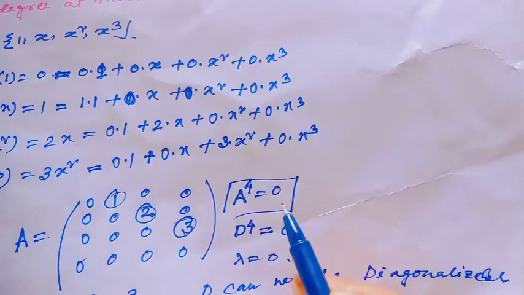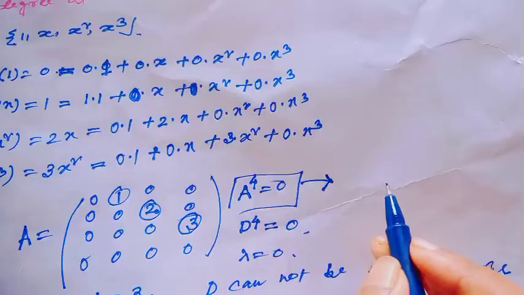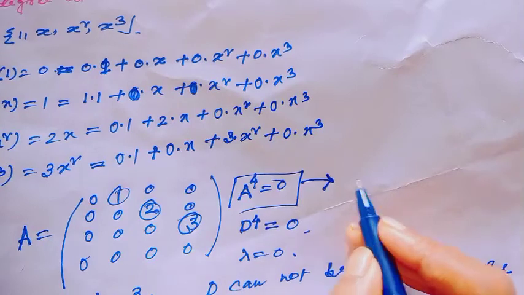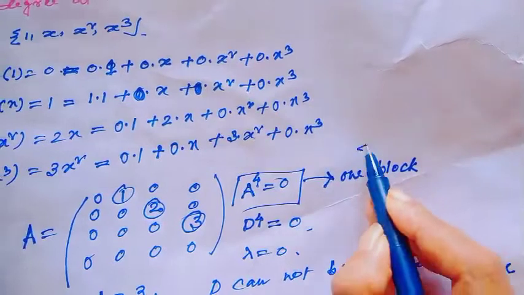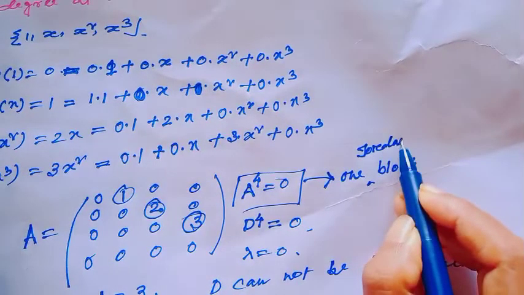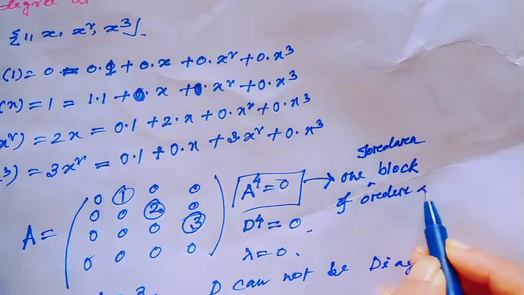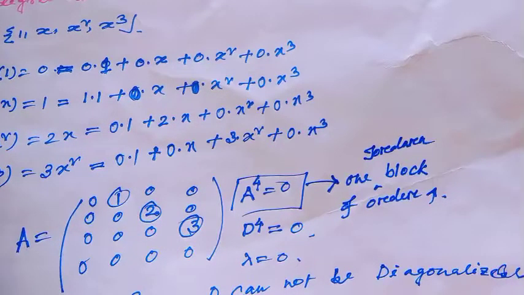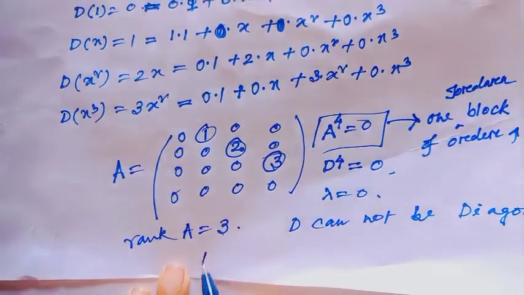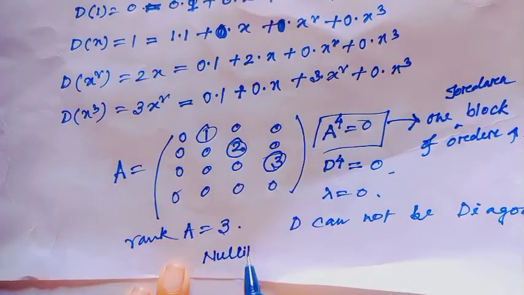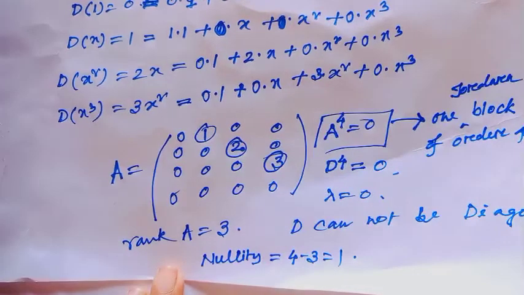Since A to the power 4 equal to 0, that means there exists one Jordan block of order 4. And here the rank of the matrix is 3, therefore the nullity of the matrix would be 4 minus 3, which is equal to 1.